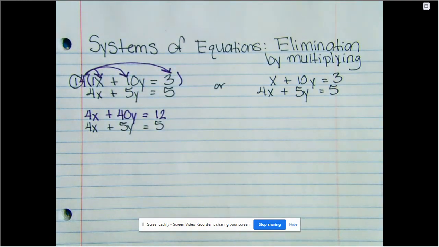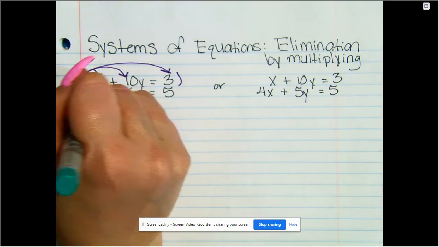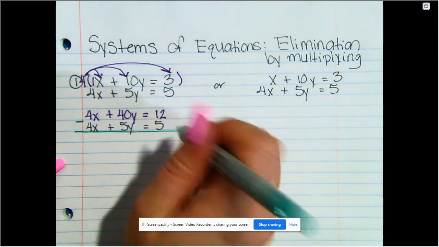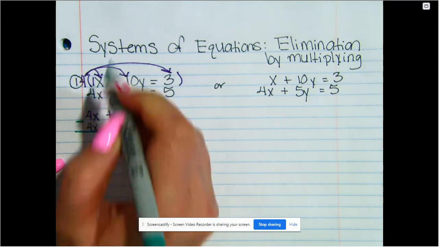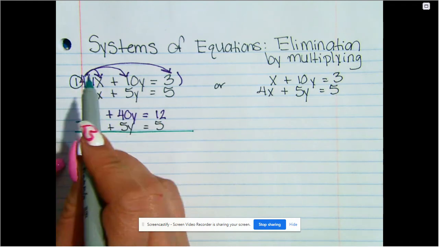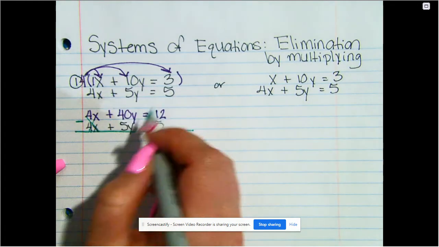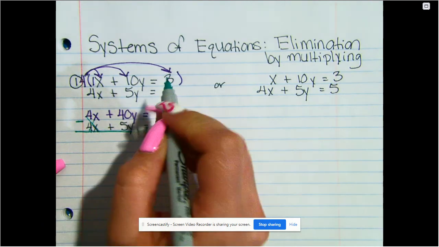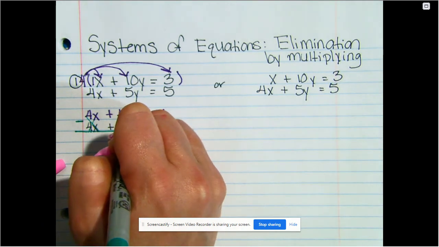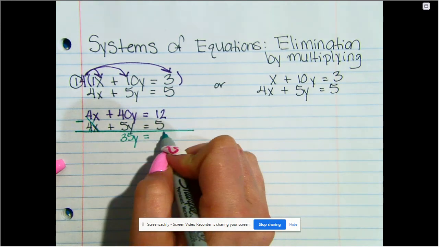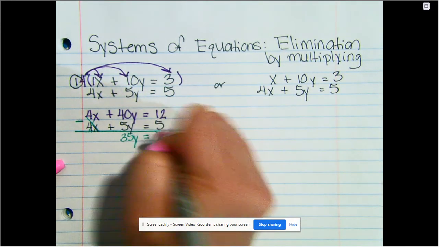Now from here, if I use subtraction, I can create a zero pair, which is going to eliminate my x values here. Because 4 minus 4 is 0. 40 minus 5 is 35. 12 minus 5 is 7.